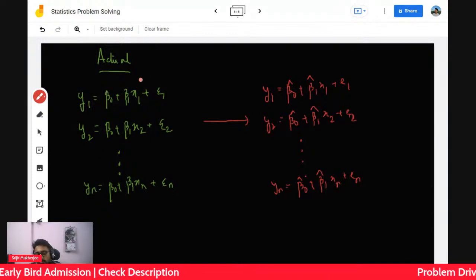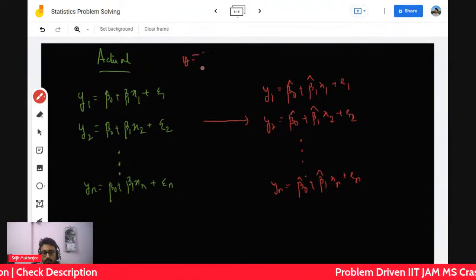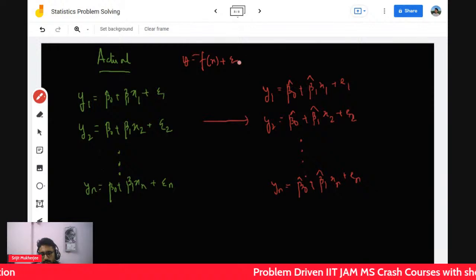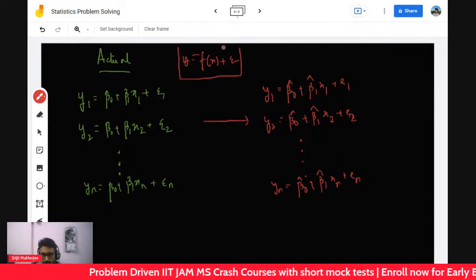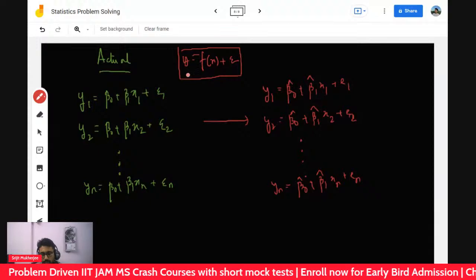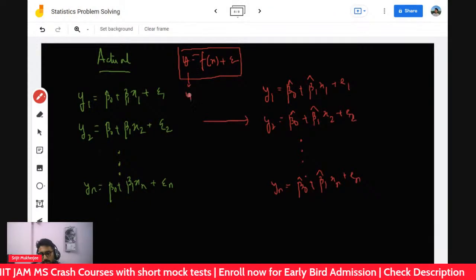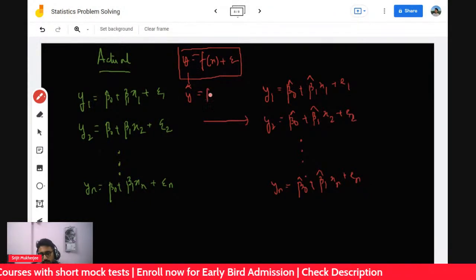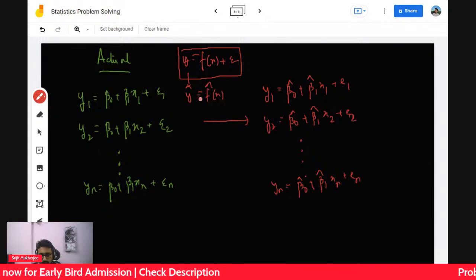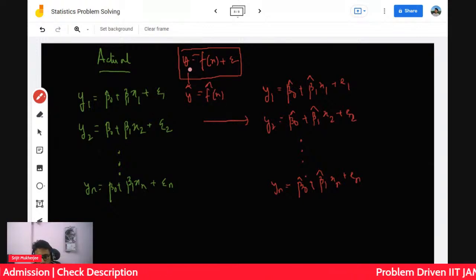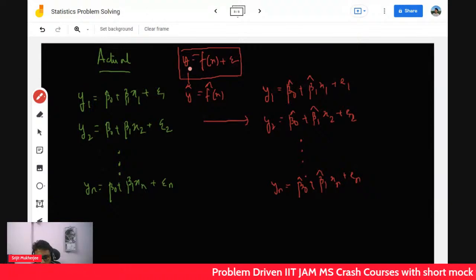This is the truth: y is equal to f(x) plus small epsilon. So we are trying to find y hat is equal to f hat of x. That's the idea, the closest possible value. This is the basic idea.